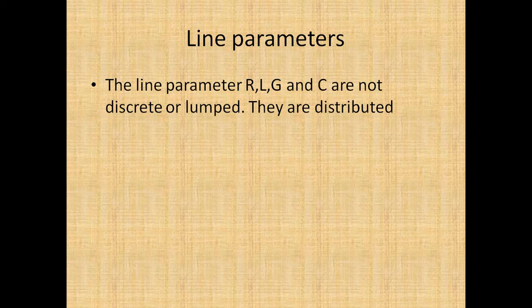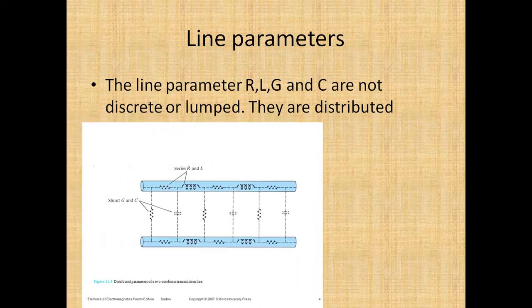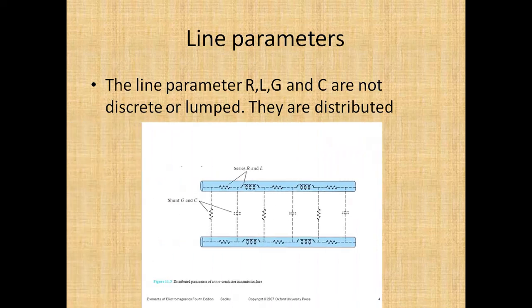These are discrete or lumped parameters. But for the transmission line, these parameters are distributed, so the units are ohm per meter for resistance, henry per meter for inductance, and so on. The same is indicated by this picture. So the parameters are distributed: everywhere the capacitor and inductor will be there, not fixed, discrete or lumped.